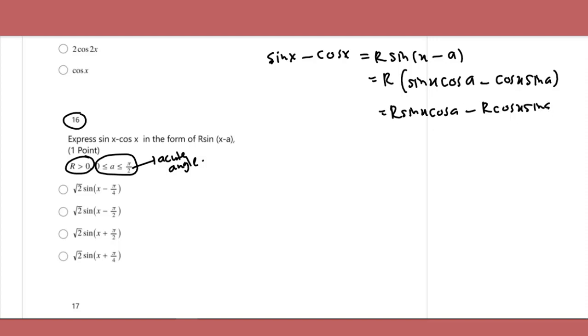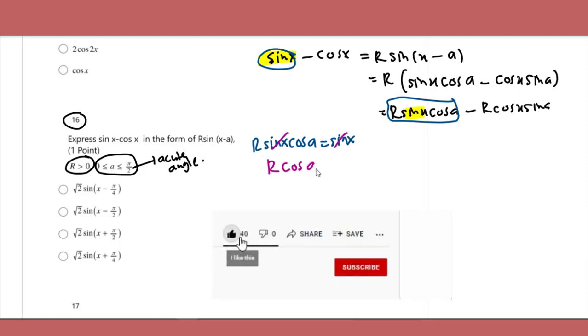Then compare the left and right. This term is equal to this term. R sin x cos a is equal to sin x, therefore r cos a is equal to 1. You may skip that.